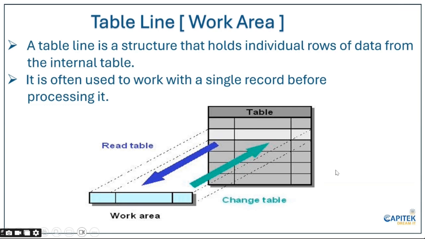Likewise, when we take one row of the internal table, a single record, then we call it a work area, or a table line.